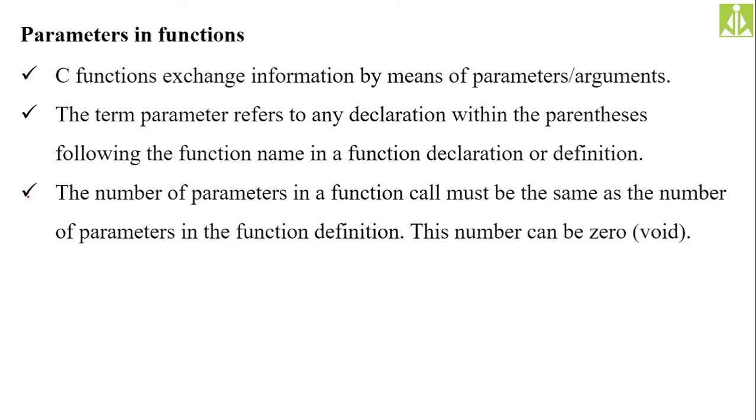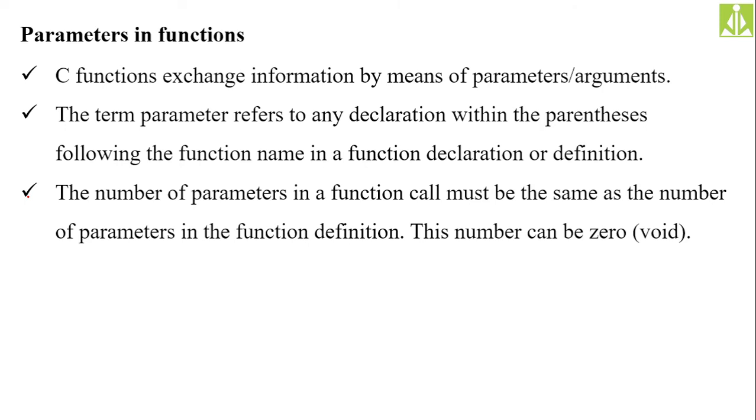C functions exchange information by means of parameters. Already we discussed that whatever variables you declare inside the function are local variables. Local means limited access, restricted access. So between the functions we are not going to have any access.